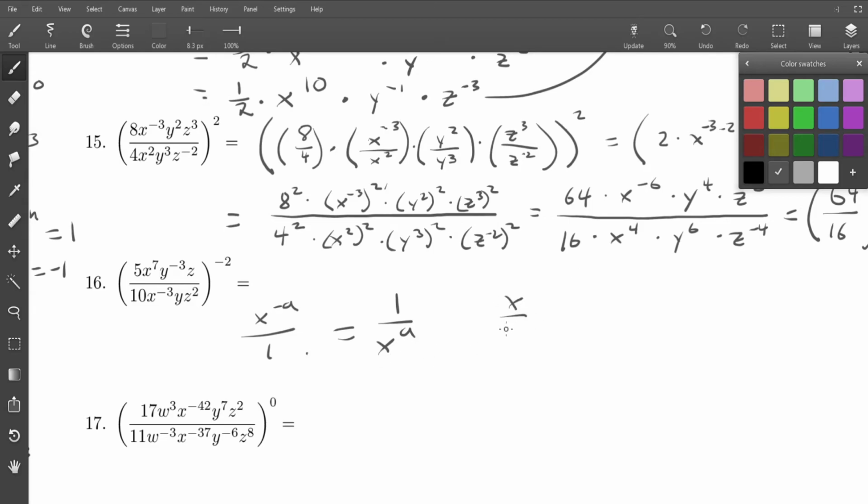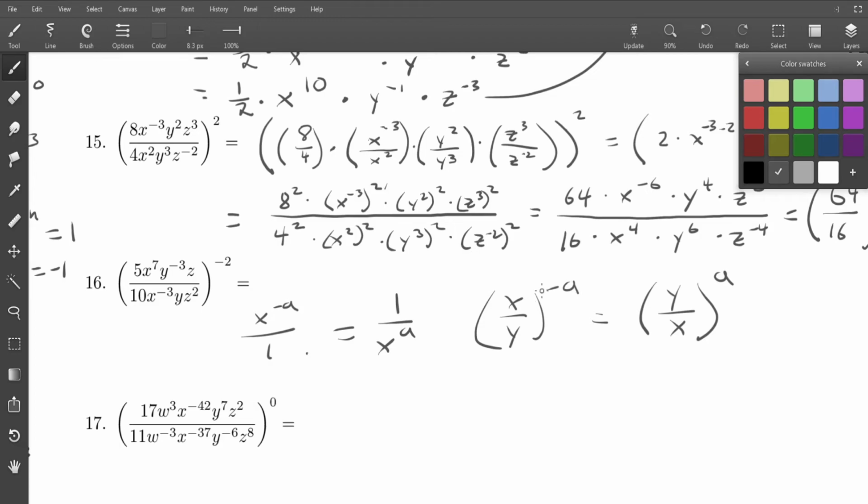If you have a fraction to a negative exponent, this is actually just equal to if you just flip the fraction and raise that to the positive power. So whenever you have a fraction raised to a negative power, this is a good thing that you can do right off the bat. It helps to get rid of that negative so that you're not having to deal with it later. And it's also just a really easy step to write out, so you don't have to worry about it.